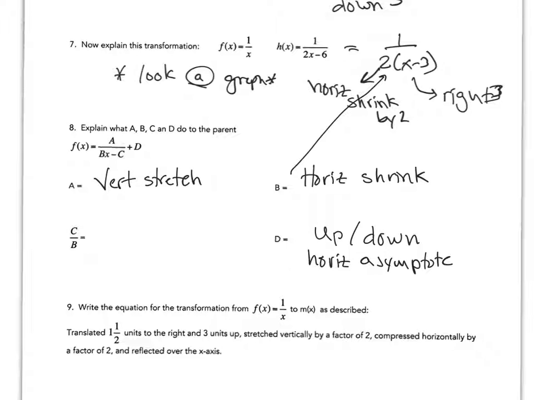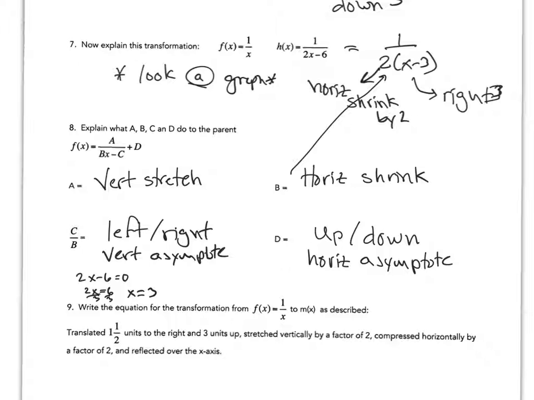So if we go back up to problem number 7 and we say, okay, 2x minus 6 equals 0, 2x equals 6, we get x equals 3. So we still end up with the 3. And so if we just shorten that up and call it c over b, or 6 over 2, you'll end up with this. This is your left or right, of course, which is now going to also be our vertical asymptote.